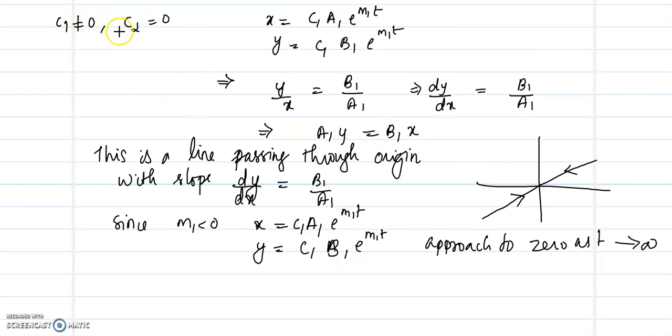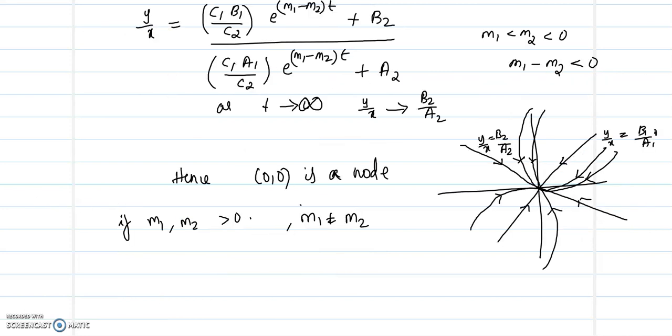We will get the same cases, C1 not equal to 0 and C2 equal to 0. Now m1 here is positive, and again dy by dx equal to b1 by a1. So m1 is positive, as t approaches infinity this will be increasing. So what happens is your arrows will be reversed here.